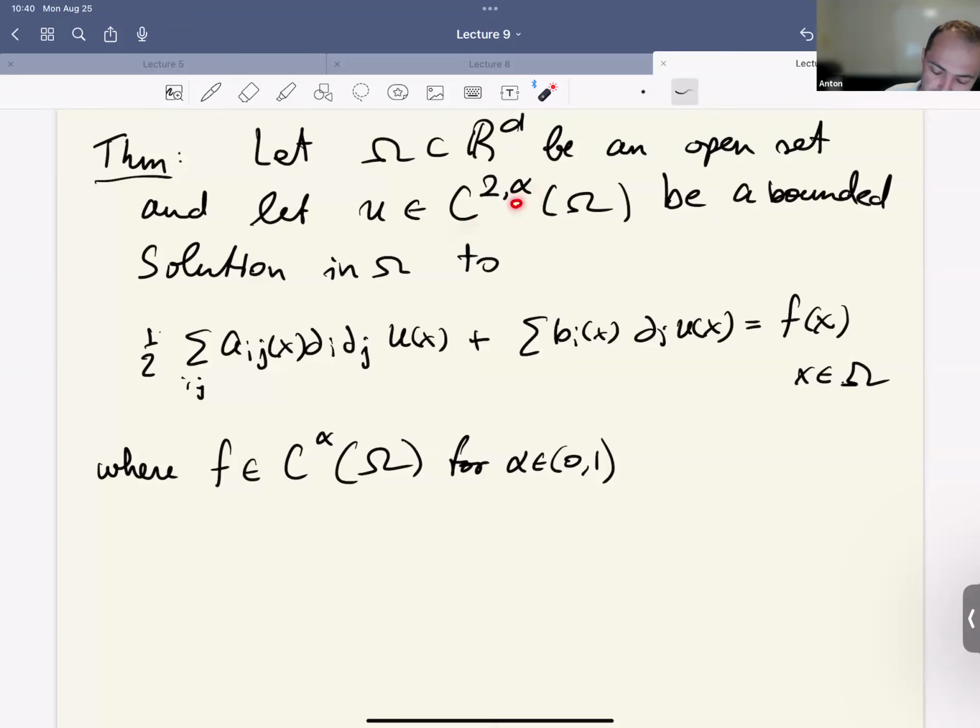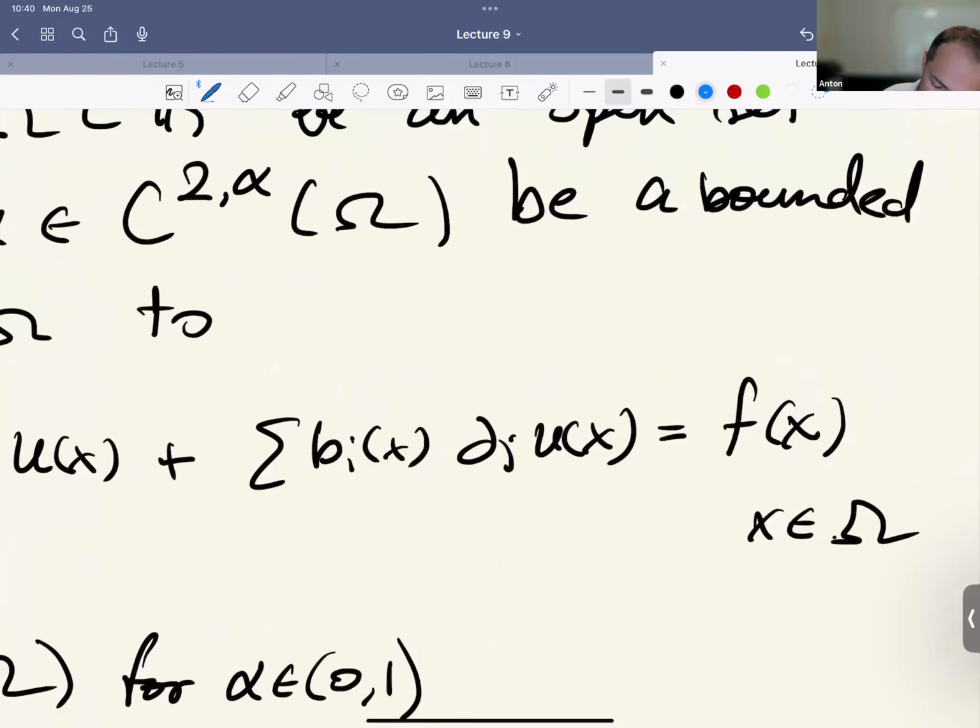If you want to think about alpha equals 1, although I have to be explicit, this theorem does not cover the case where alpha equals 1. But if we think about, for comprehension's sake, C2,1, this is the C2 functions with Lipschitz continuous second derivatives. And the alpha means alpha Hölder.